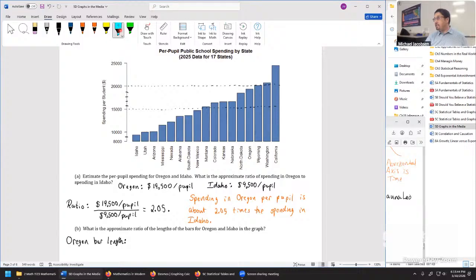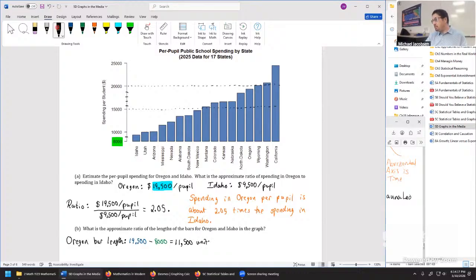So take this number here, 19,500, subtract the minimum value in this chart, so minus 8,000, and we're going to get a length for this one coming out as 11,500.